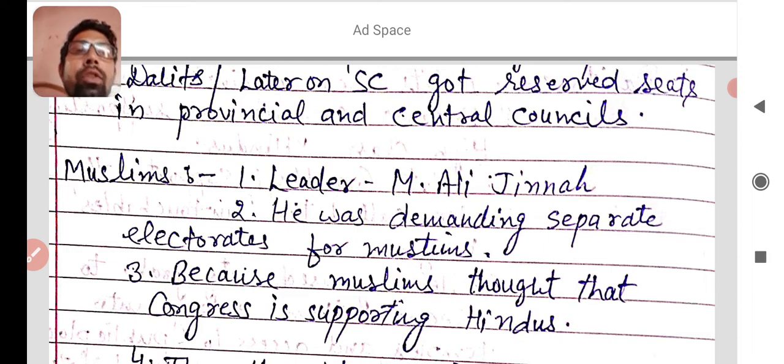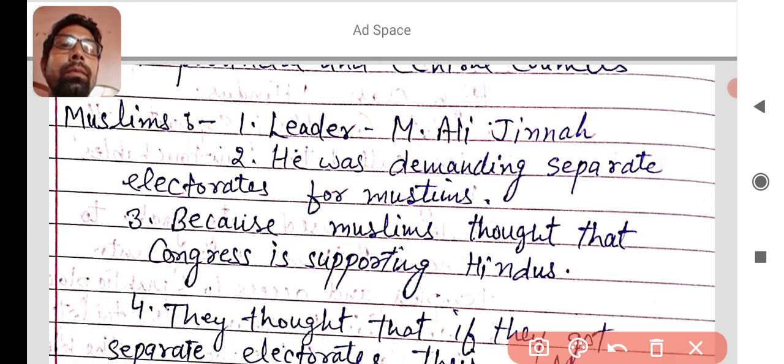Here, Muslims. Why were Muslims demanding separate electorates? Because they thought that Congress is supporting Hindus.